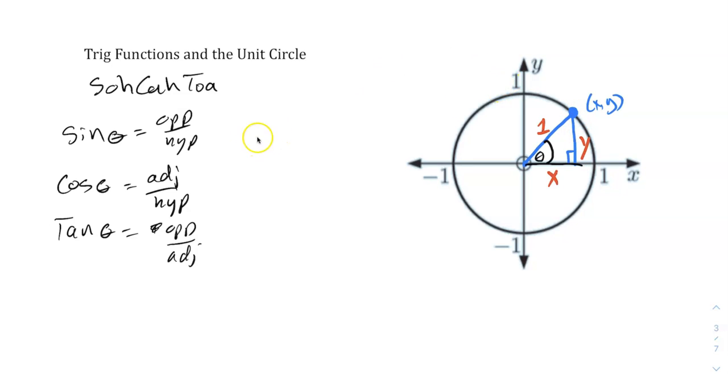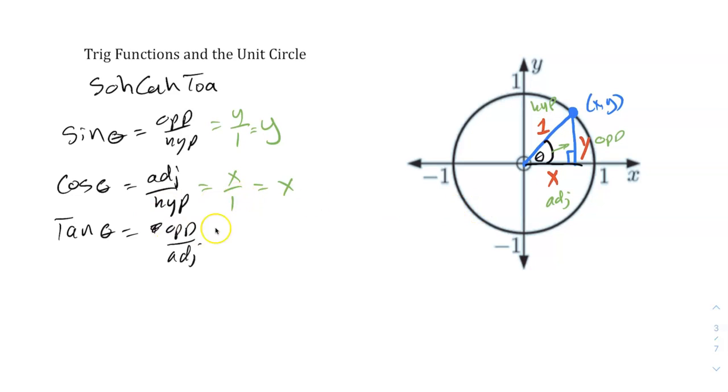And if I want to do my 3 trig functions of this triangle, here's my angle, so opposite, adjacent, hypotenuse. Sine is opposite over hypotenuse, so y over 1, or just y. Cosine on a unit circle is adjacent over hypotenuse, so x over 1, or just x.